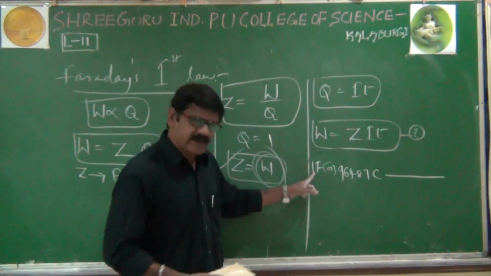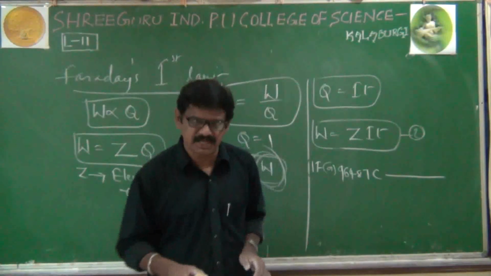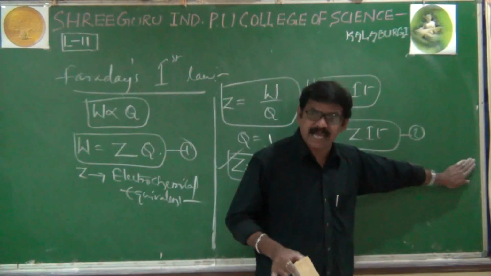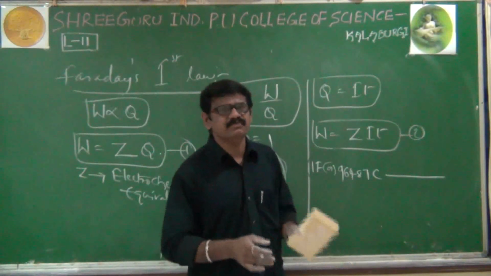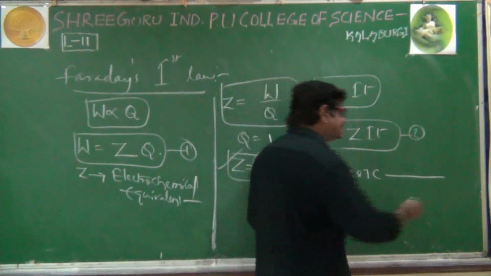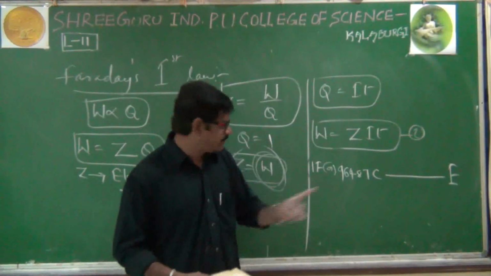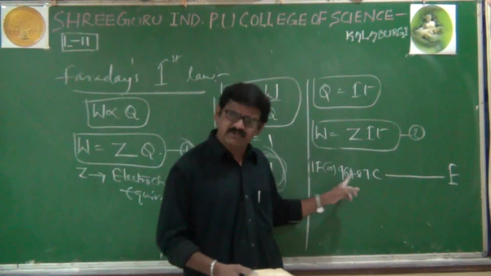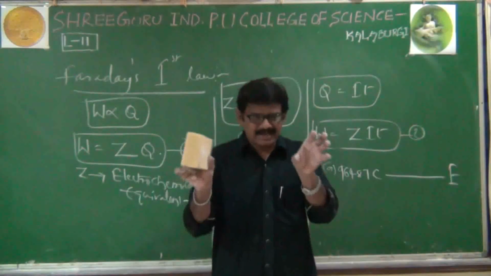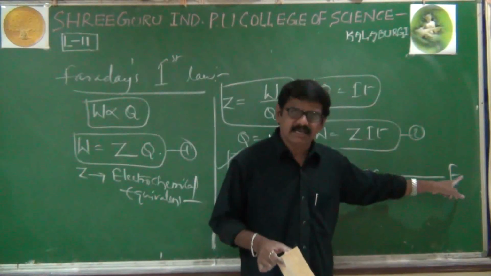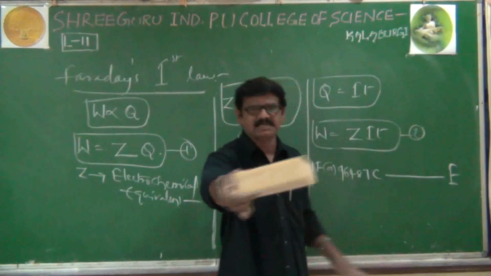I'll repeat: when 1 Faraday or 96,487 coulombs of current is sent into the electrolytic solution, at the electrodes the amount of substance deposited is equal to the equivalent mass. It is also called 1 gram equivalent of substance deposited. How it equals the equivalent mass, we'll also discuss shortly.